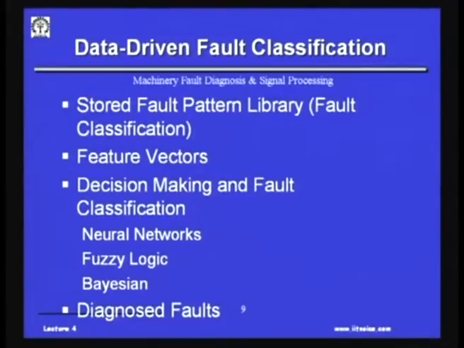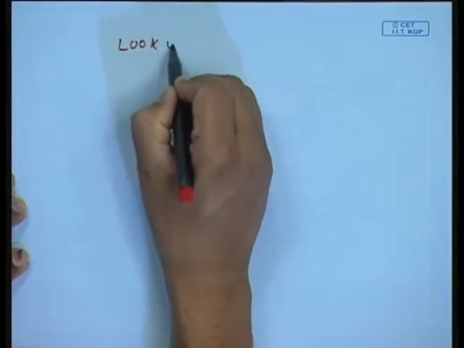Before I go to the model based fault diagnosis, I should mention to you that this data driven fault classification is actually done by many methods. One is a stored fault pattern library, and then we have a fault classification, for example something like a lookup table.